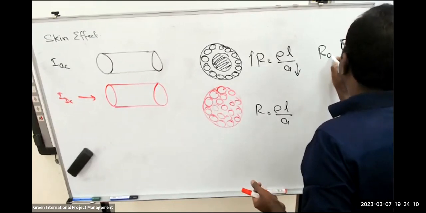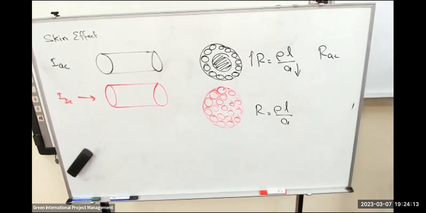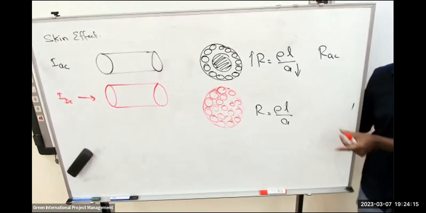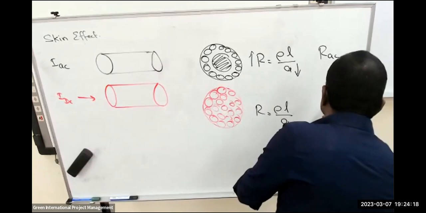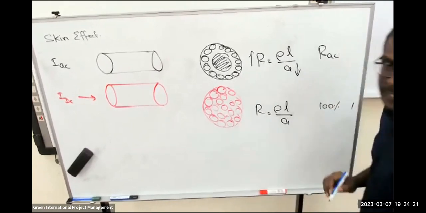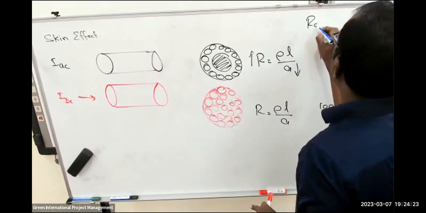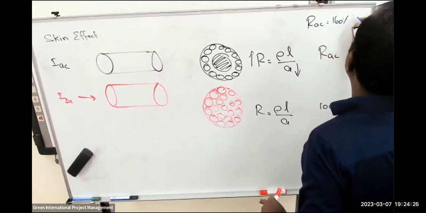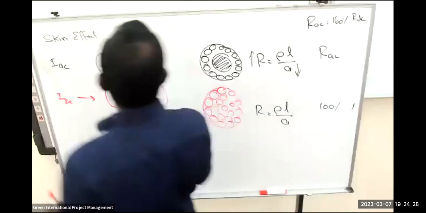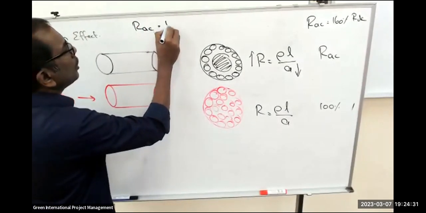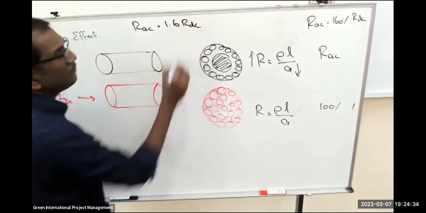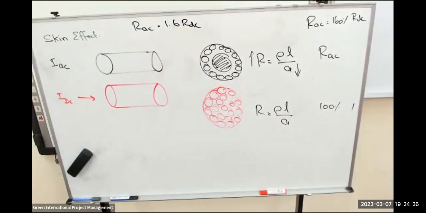So R AC. If for DC we take 100%, then R AC is 160% of R DC. Or we may say R AC is equal to 1.6 times R DC. When we measure the two conductors with a meter, we get the same value.